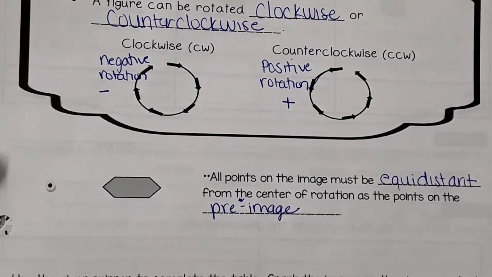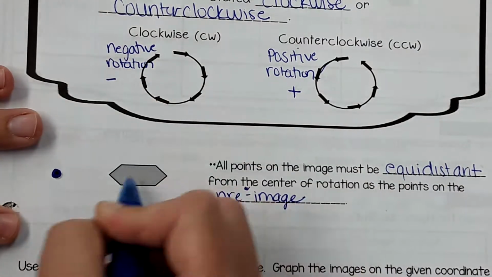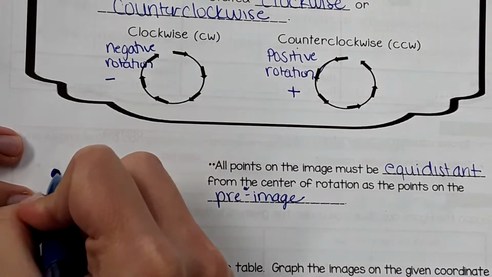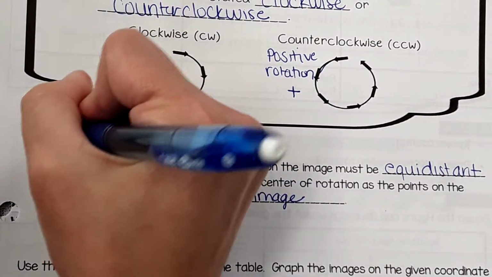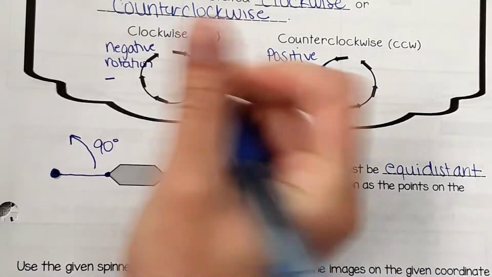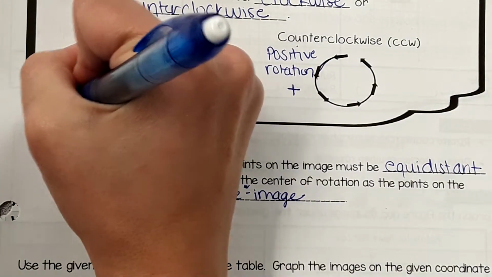So right here, it has this little image. This is the center of rotation, and then we have a shape. I'm gonna choose this point and draw a line to that shape. We're gonna first rotate it a positive 90 degrees. So it would rotate this way 90 degrees, and then the new shape, or the image, would land right here.